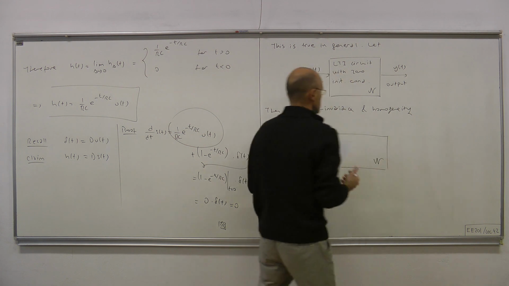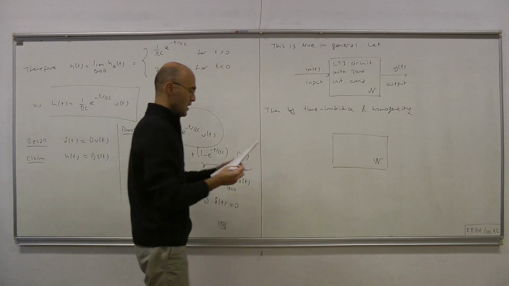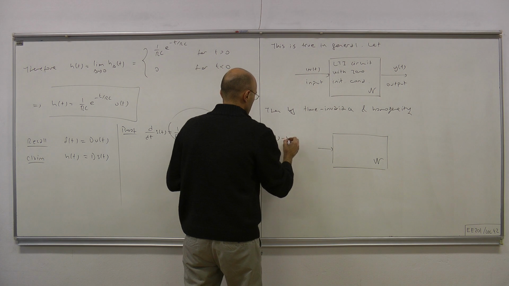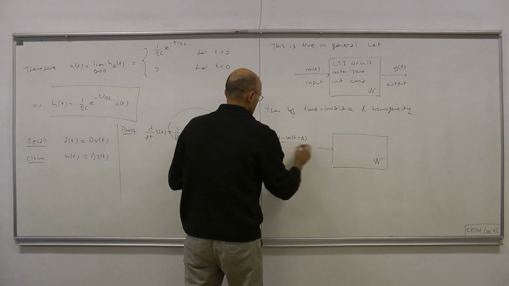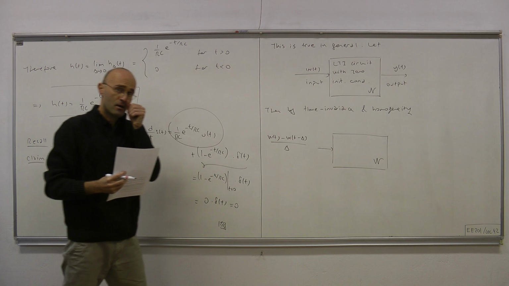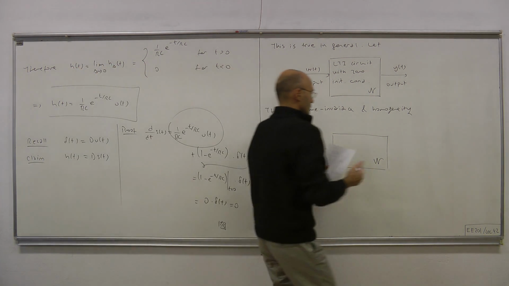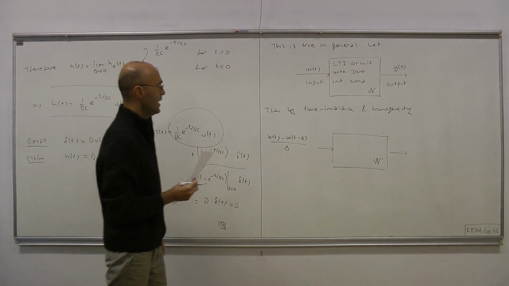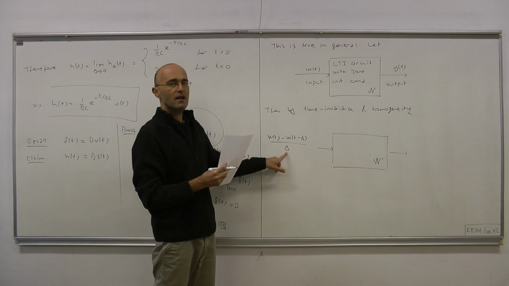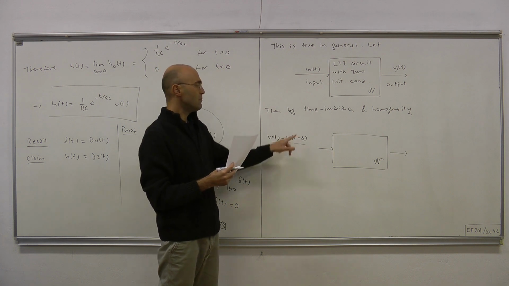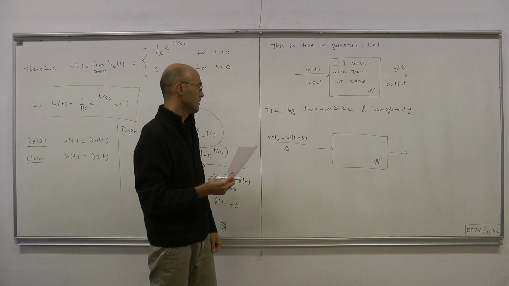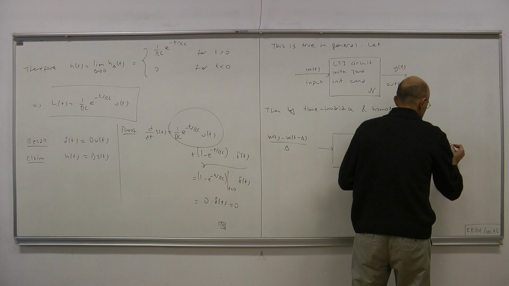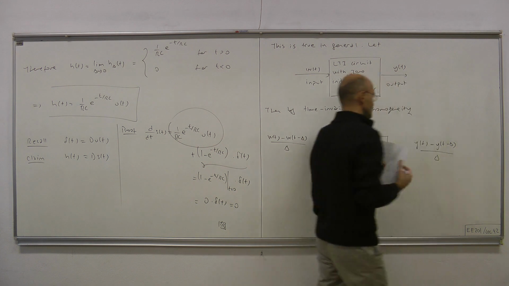Okay, same circuit with zero initial conditions, and this time you're applying for the input w(t) minus w(t minus delta), and you're scaling everything by 1 over delta. And thanks to the fact that the circuit is LTI, at the output, you're going to see y(t) over delta minus y(t minus delta) over delta.